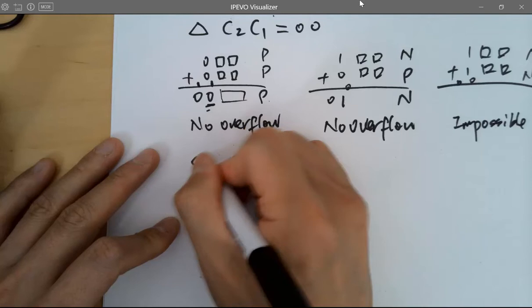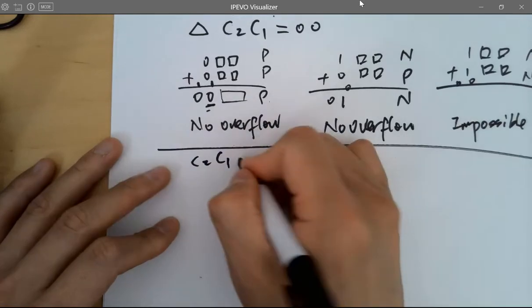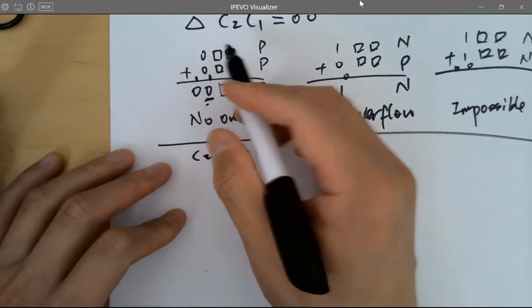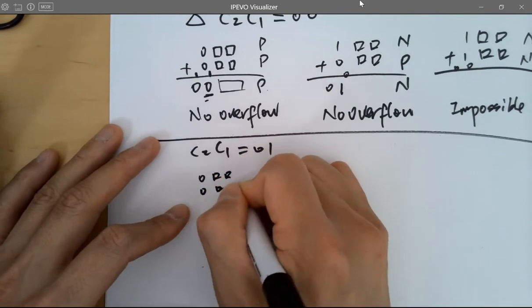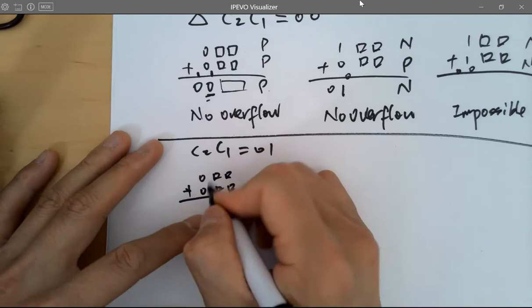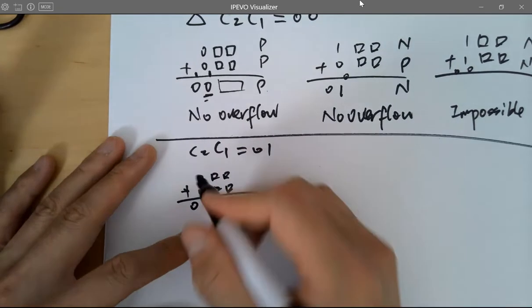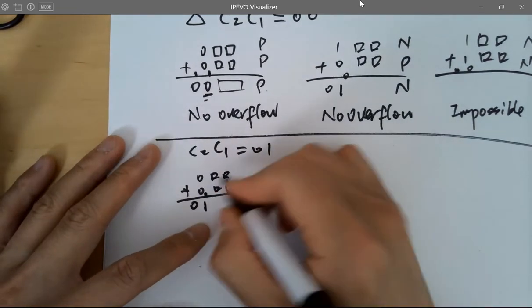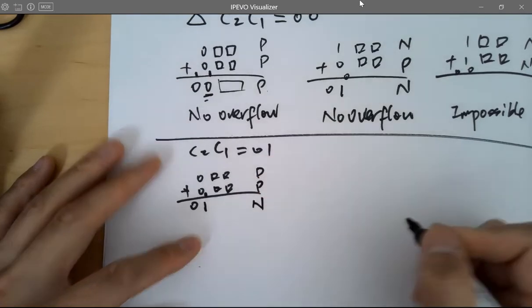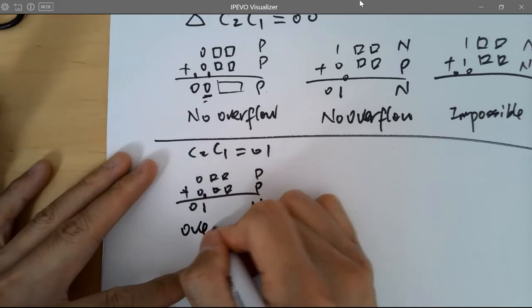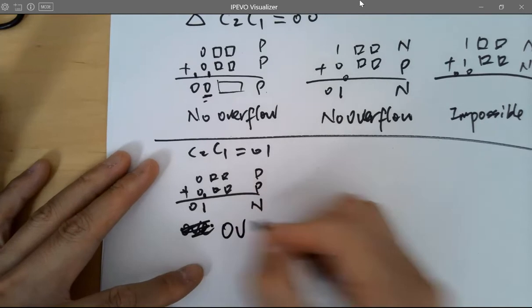The second case is C2, C1 becomes 0, 1. Now let's go through all these 3 cases. 0, 0, it's 1, 0, right? 1, 0, it becomes 1. So overflow happens because it's P plus P getting an N here. So there is the overflow. I just wrote an OV here.